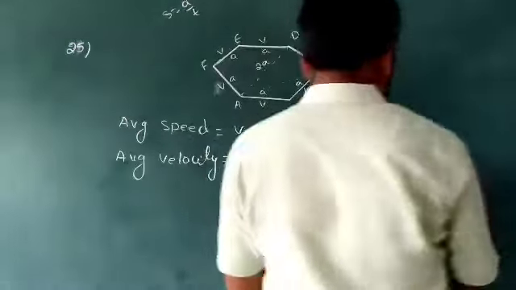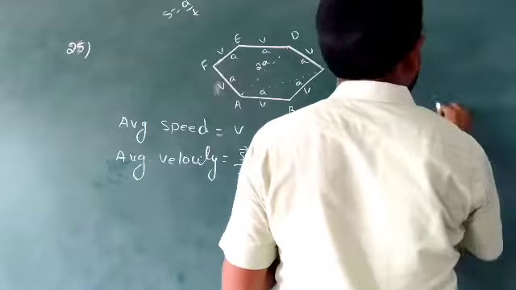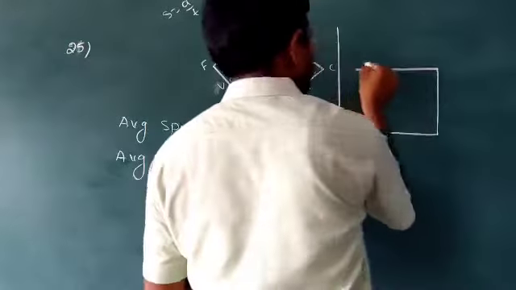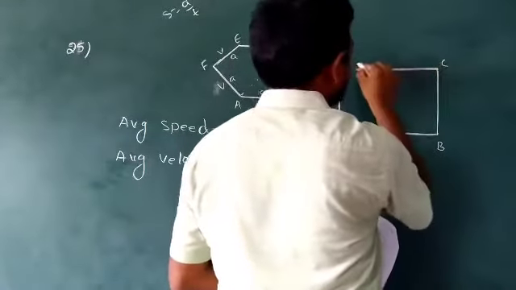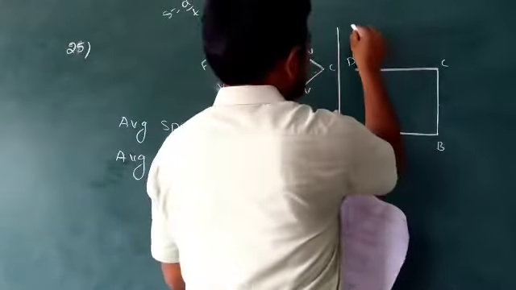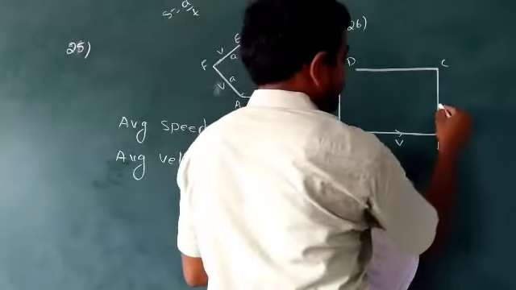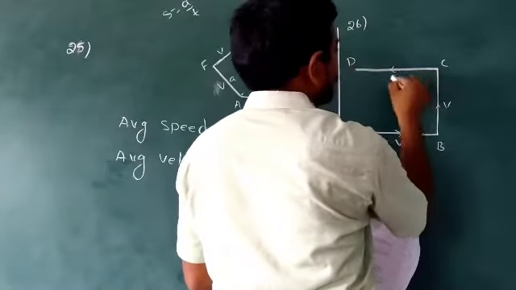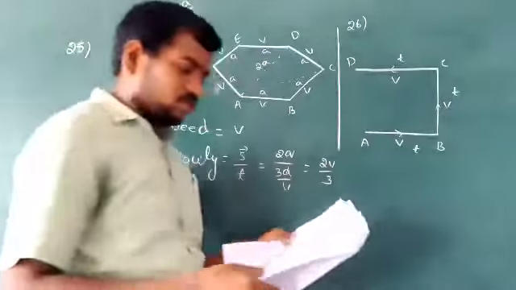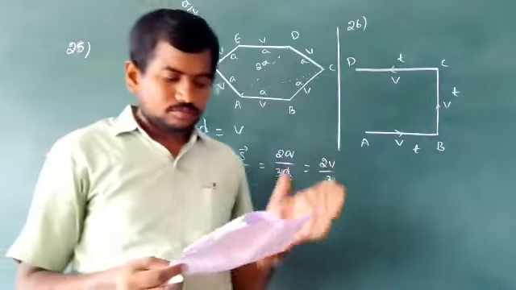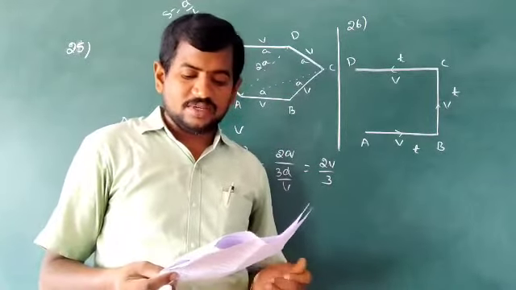It is given like this: A to B, B to C and C to D. This is A, B, C, D, and it is the 26th one, and each one is moving with the speed v, and the time is also given, t. This is the question. Then the average velocity and average speed of the body from A to D is to be found.